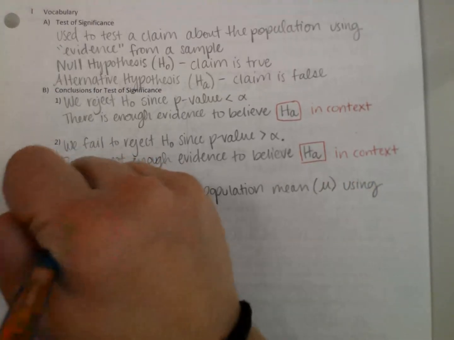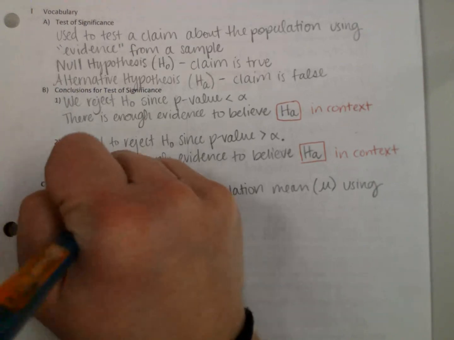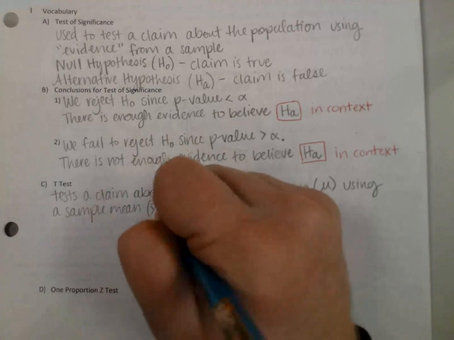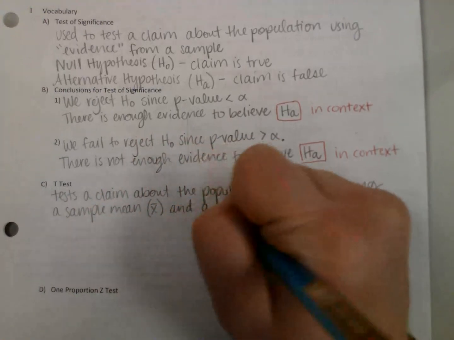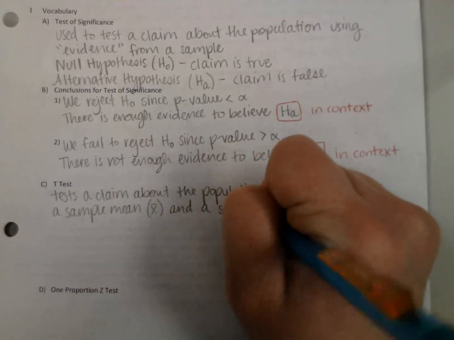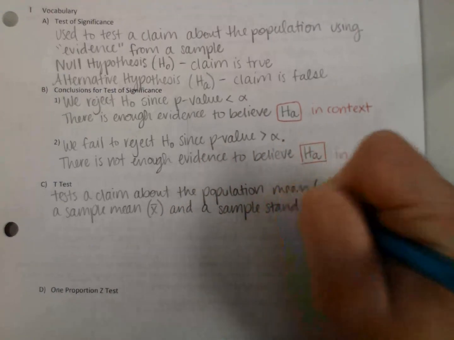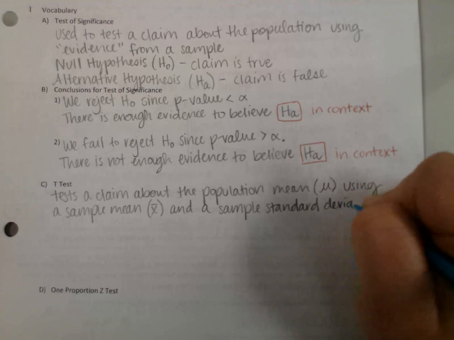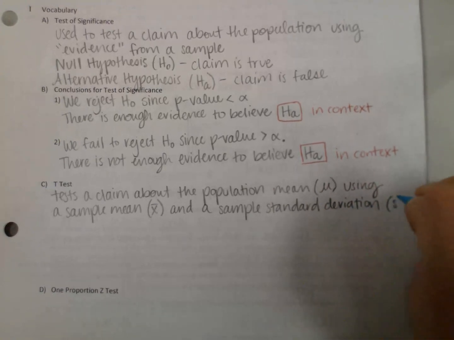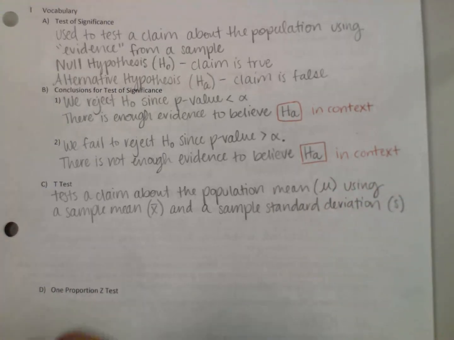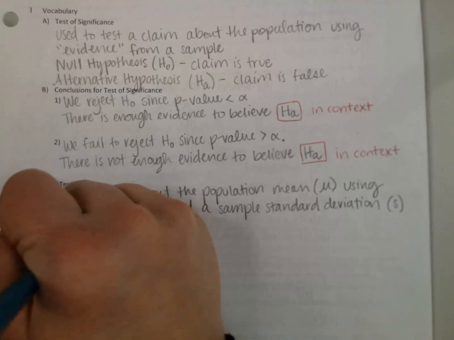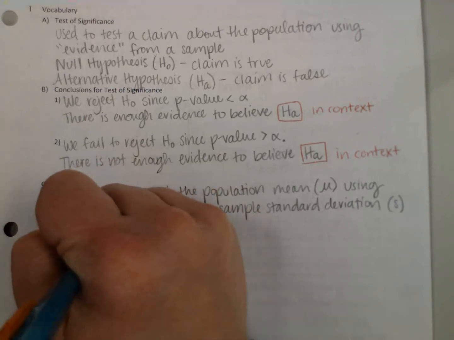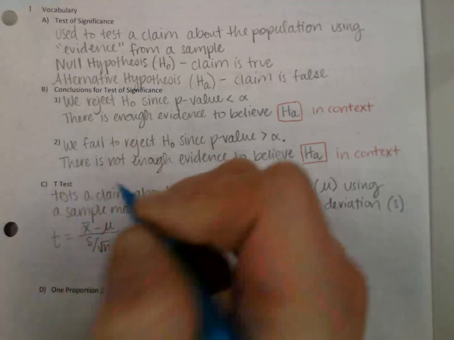It uses a sample mean, x bar, and a sample standard deviation, which is s. Your formula is t-score equal to x bar minus mu over s over the square root of n.